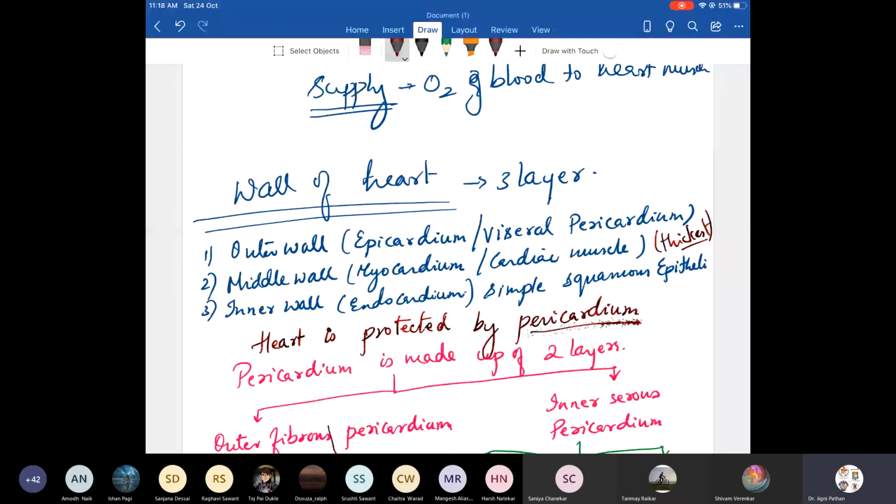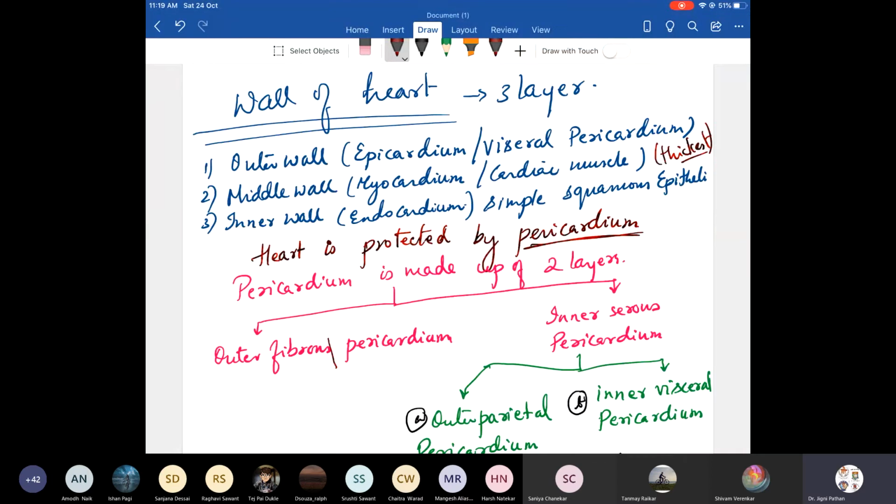Heart is protected by pericardium. Pericardium is made up of two layers. You know the walls of the heart. Now you are studying the pericardium. The outer pericardium is the covering of the organ. Just as you have the pleural membrane in lungs, in the same way in the heart you have pericardium. The pericardium is made up of two layers. One is the outer fibrous pericardium, the other is the inner serous pericardium.